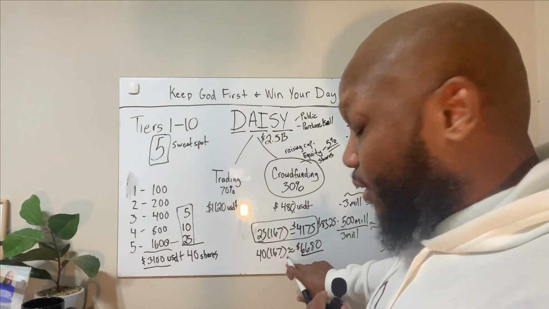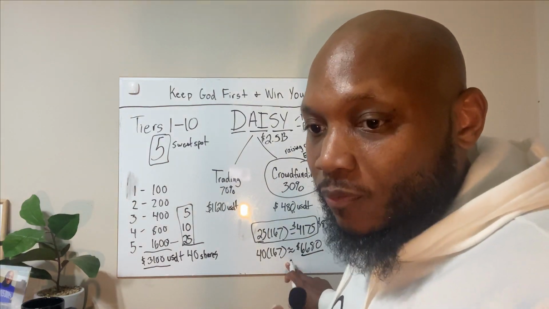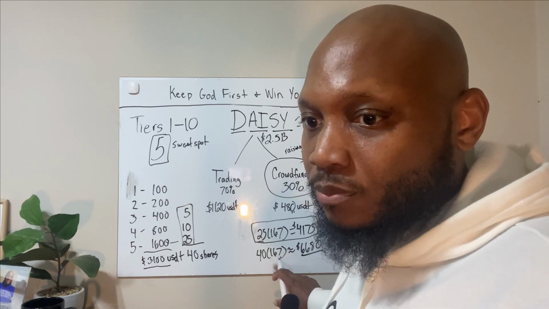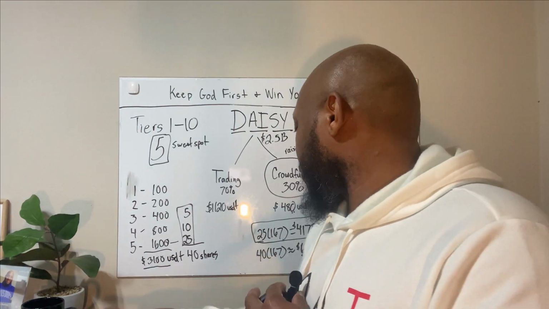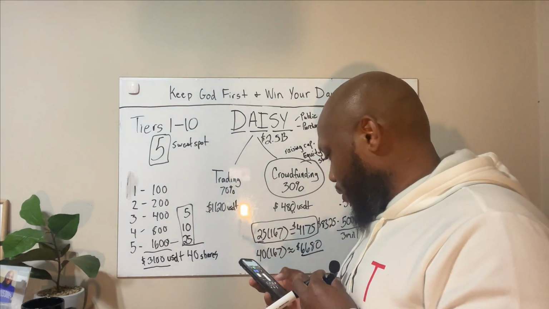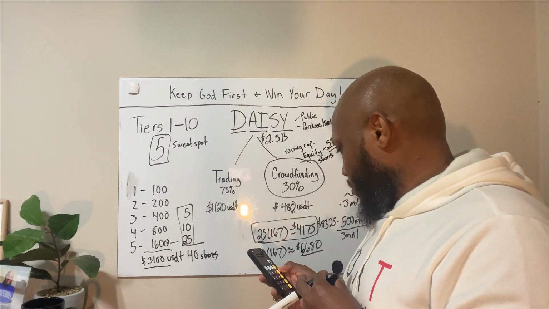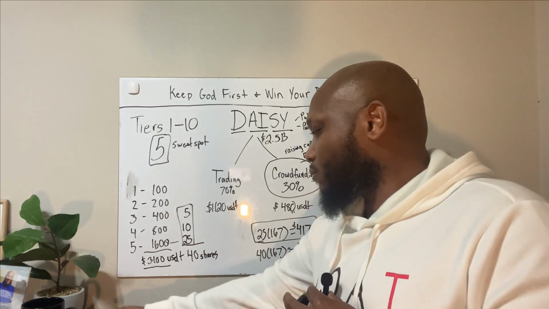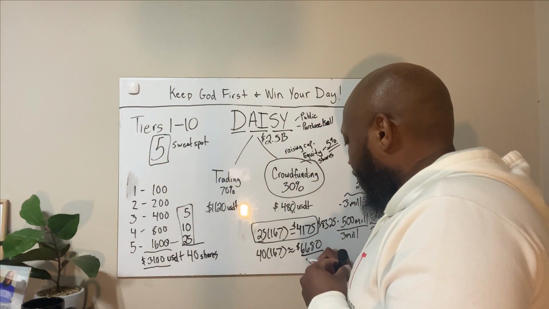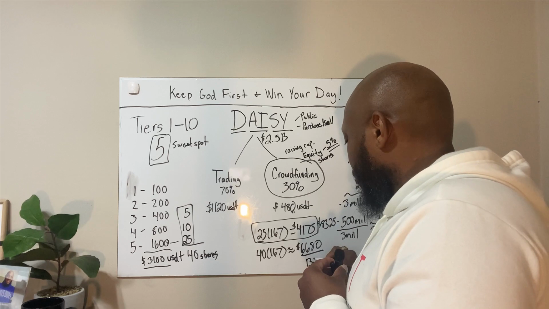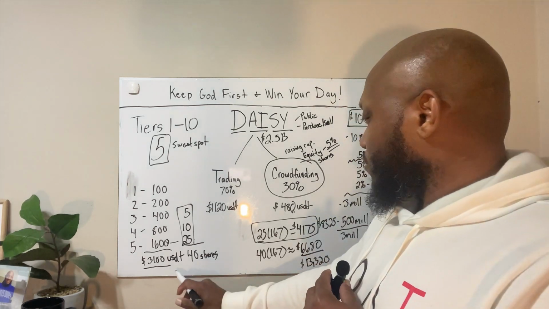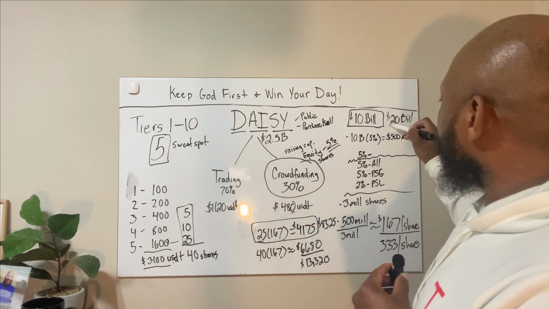Cumulatively, though, because that's the number that we want to look at, right? Cumulatively, I didn't do that calculation, but let's do it now. 40 times 333, that's $13,320. Based off that, assuming that it's $20 billion.